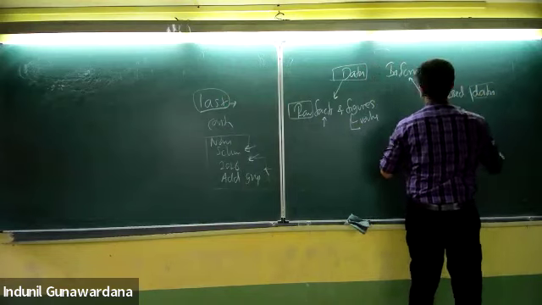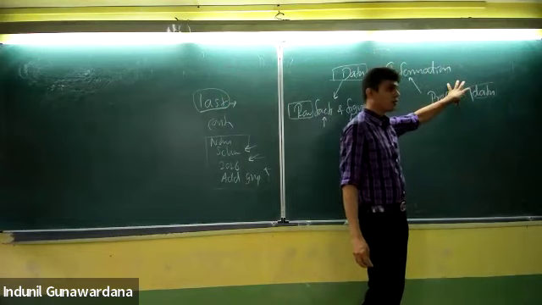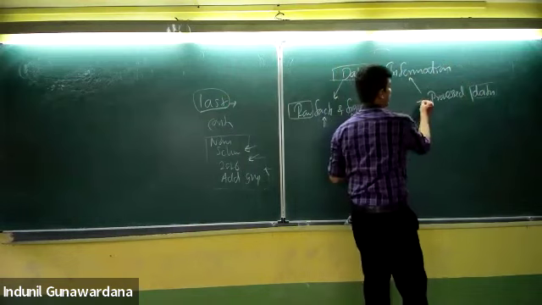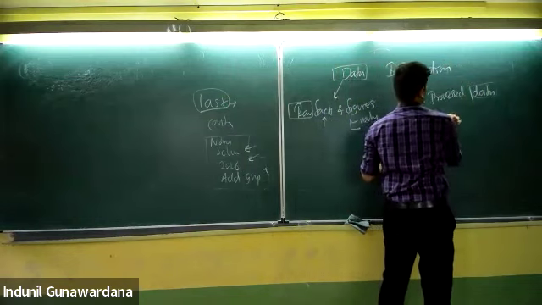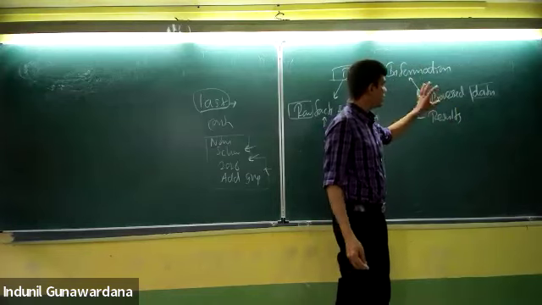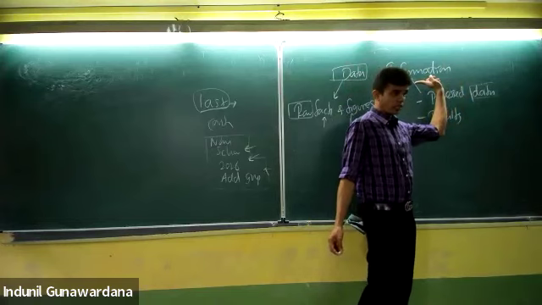Whenever the data has been processed, information is prepared. We say that information is always results. Why? Because data are processed to make information.